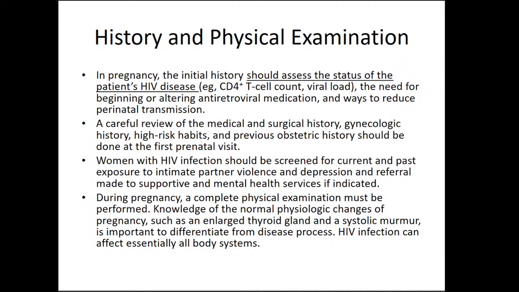You need to remember that we need to start antiretroviral medications because we want to reduce the perinatal, vertical transmission. So we need to know at the beginning the patient's viral load and the number of her CD4 cells.